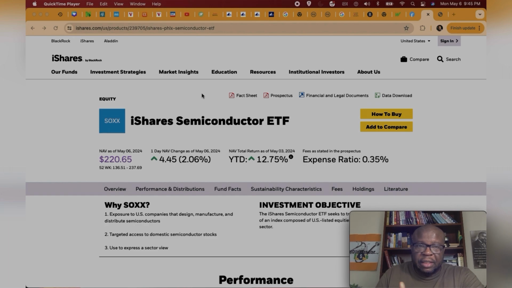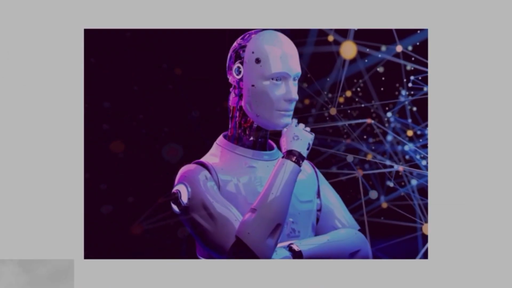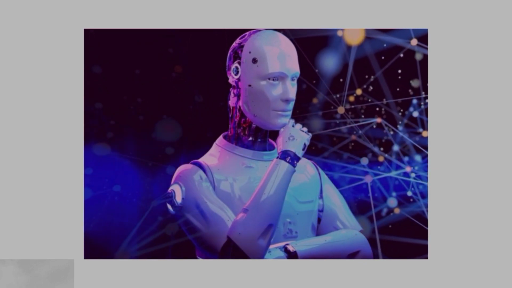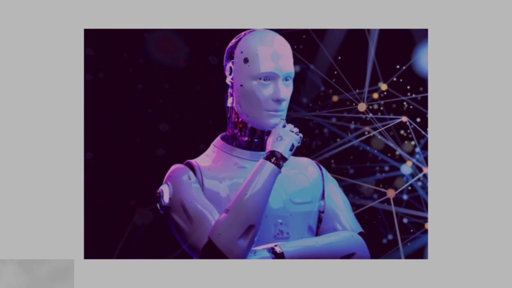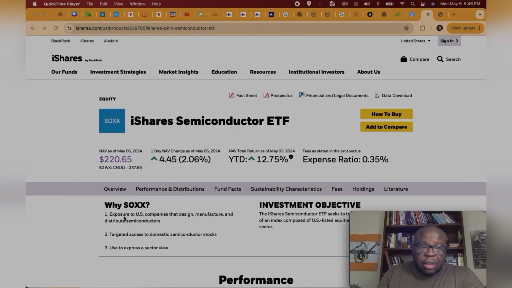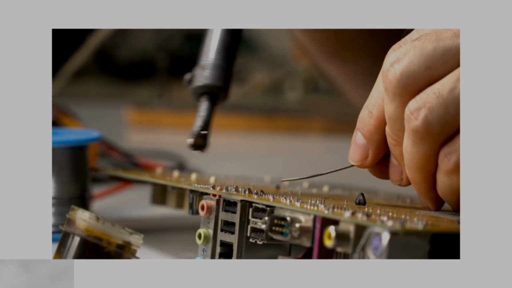It is a semiconductor ETF offered by iShares for people who like to get exposure to the semiconductor space. And as you already know, this is the bedrock or the foundation of artificial intelligence, right? So why SOXX? It gives you exposure to US companies that design, manufacture, and distribute semiconductors, right?